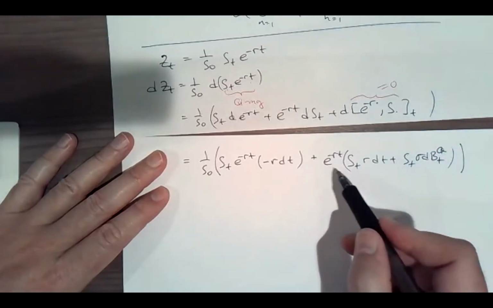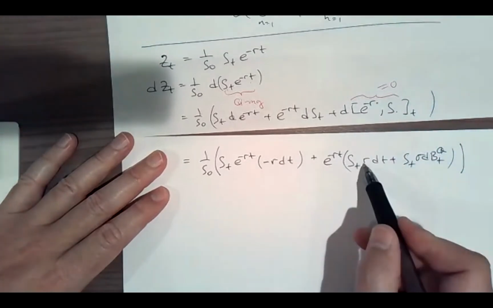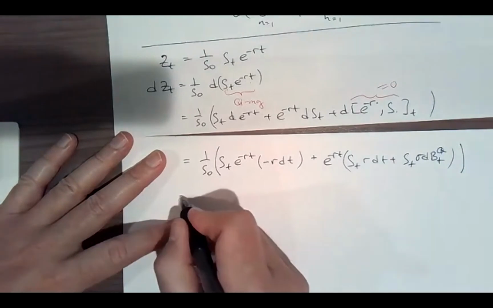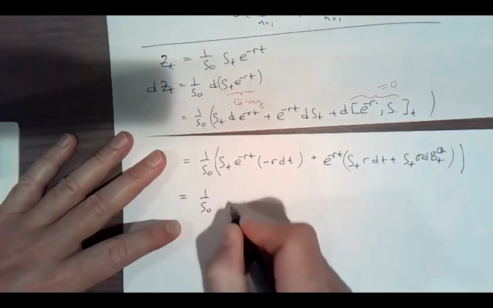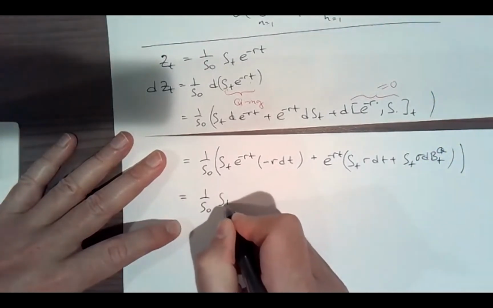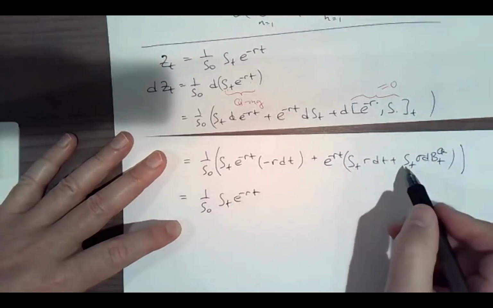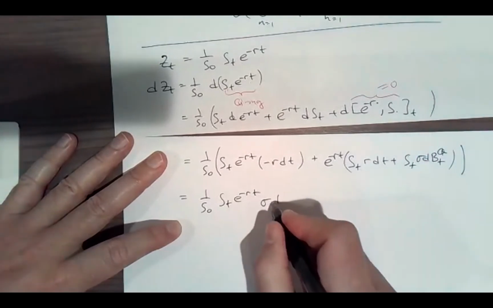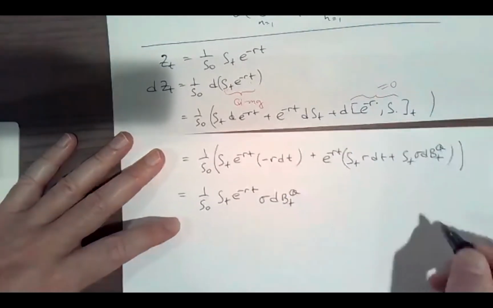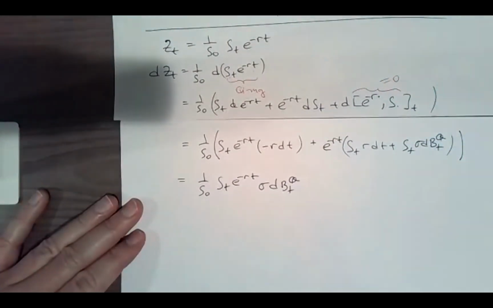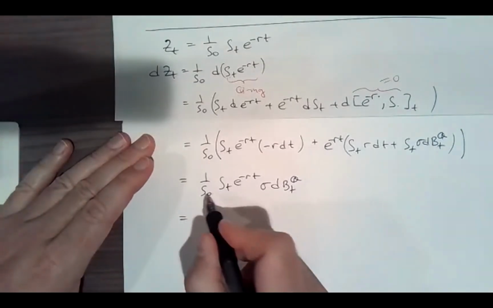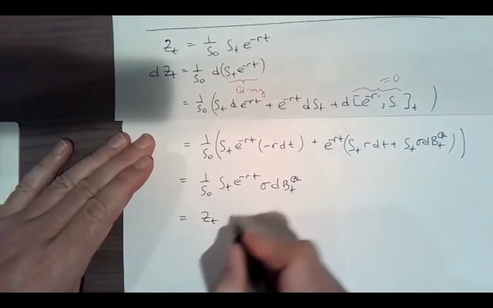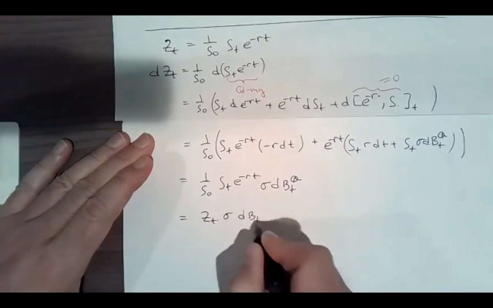And you see that they indeed do cancel out, right? There's a minus r here, and there's a plus r over here. So you're left with 1 over S naught St e to the minus rt sigma dBt^Q. And this is the first part here, this is my Zt sigma dBt^Q.